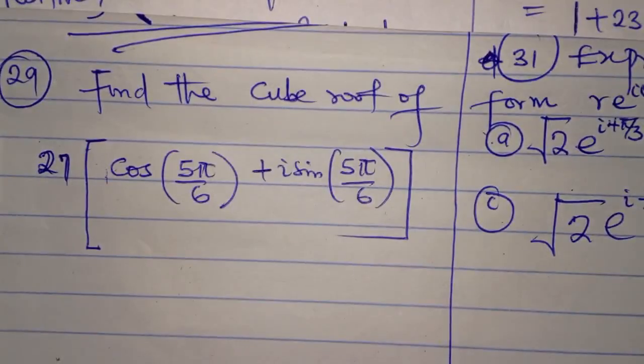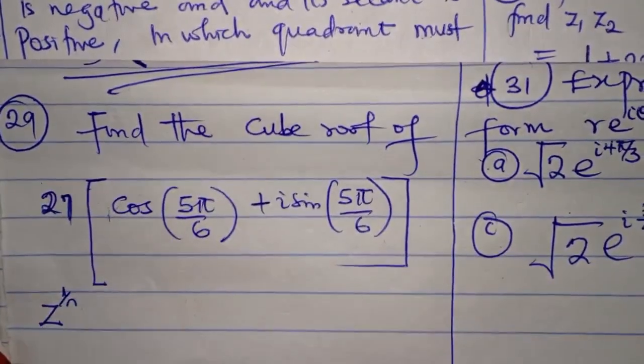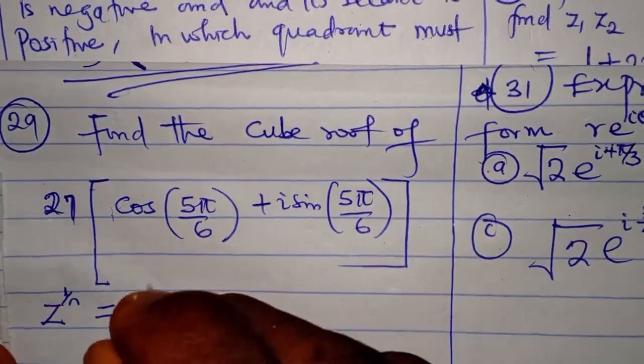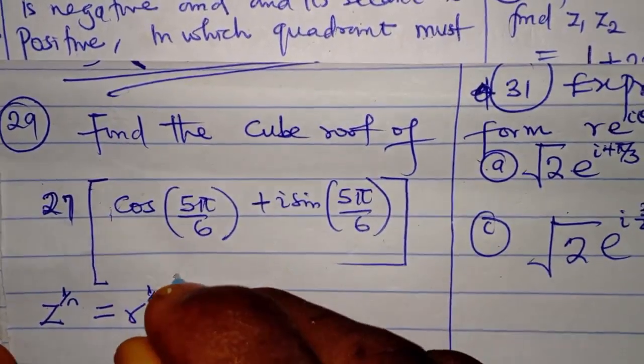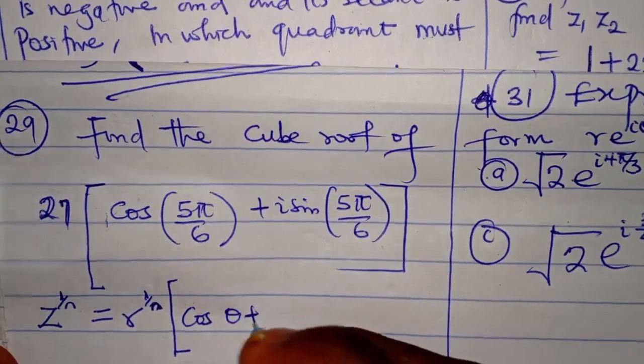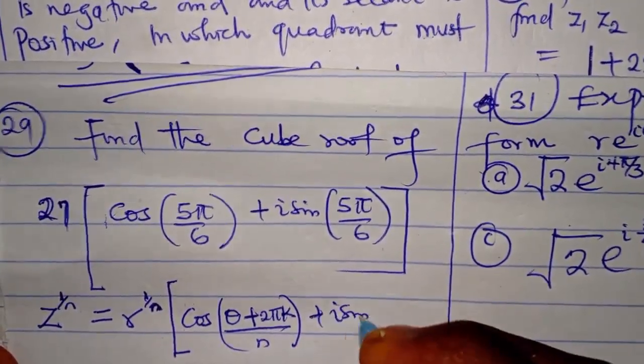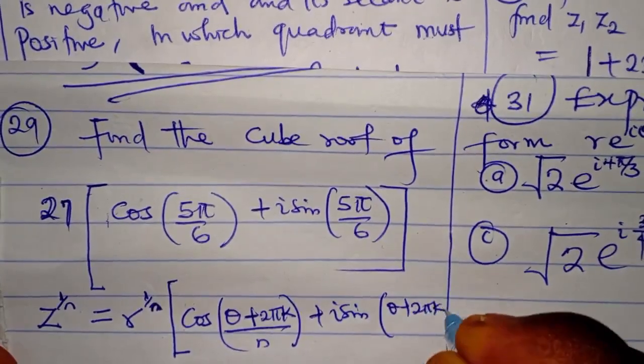For this particular question, the options, although I didn't write them here because it will consume my space, that's why I neglected the options, but I'll show you how they wrote the options. The options are written in this format, okay, not in rectangular form. There is a formula to determine the root of a complex number. Z to the power of 1 over n is equal to r to the power of 1 over n, then I write cos theta plus 2 pi k all over n plus I sine theta plus 2 pi k all over n.